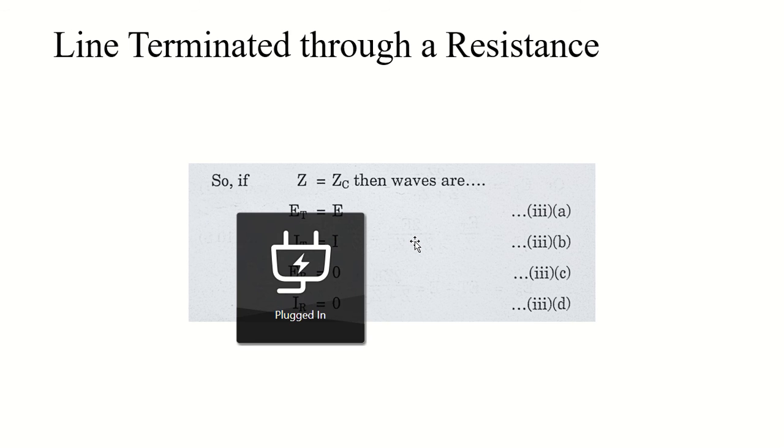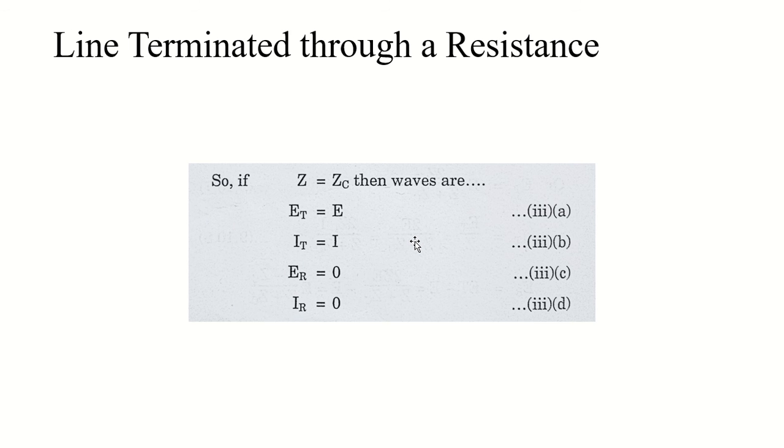There will be some value of impedance, and what will be the value of impedance? It will be ZC. The value of Et will be E and It will be I, basic and simple. Value of ER will be 0, which means there is no reflection. Value of IR will be 0, so in current and voltage there is no reflection at all.